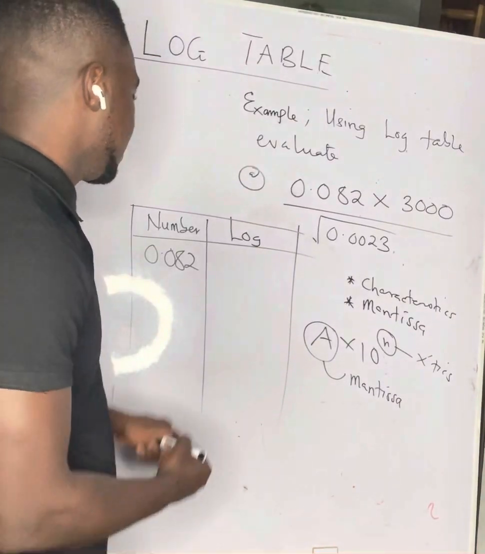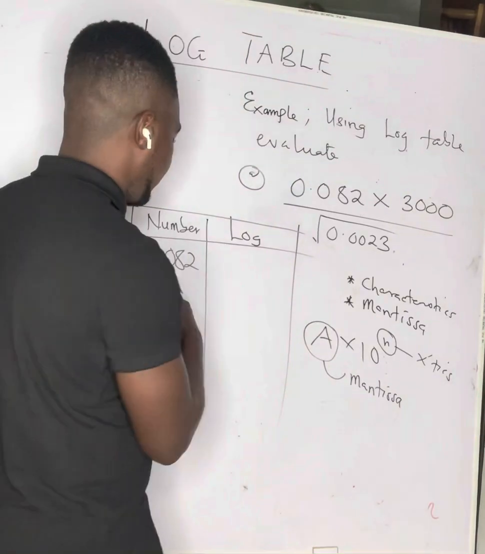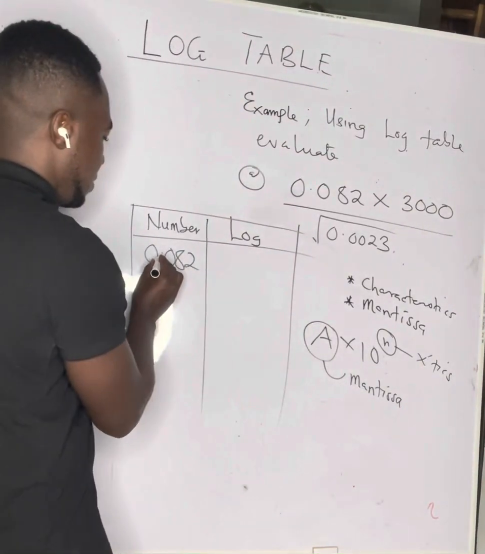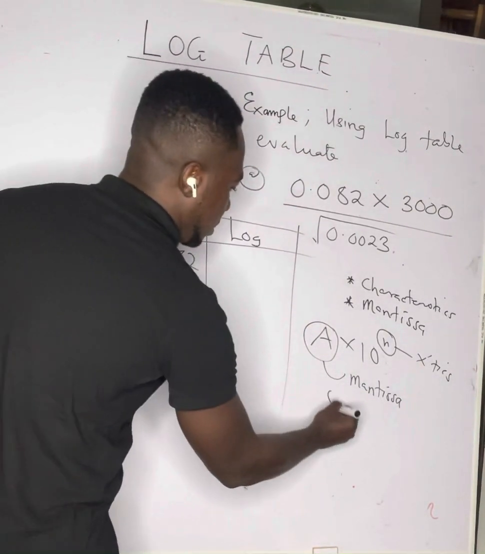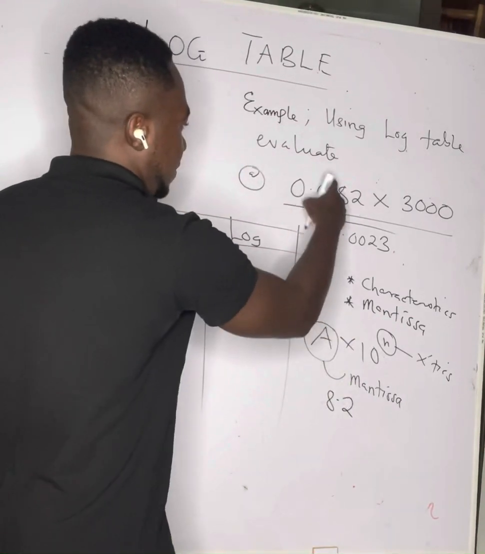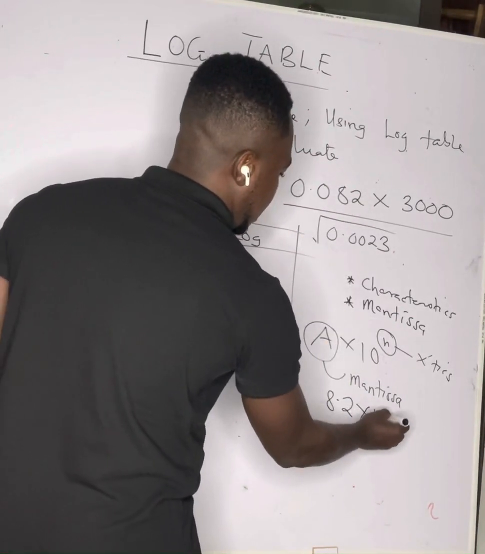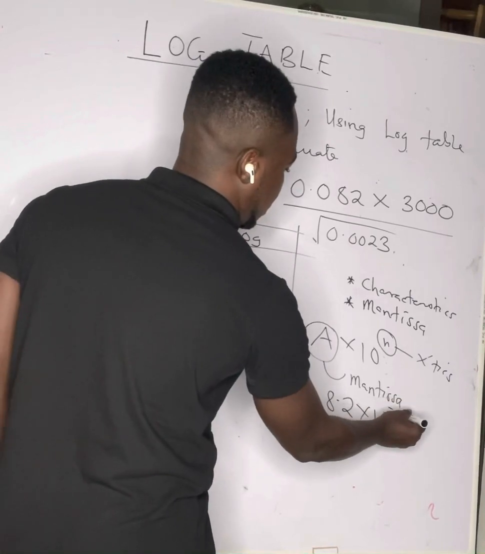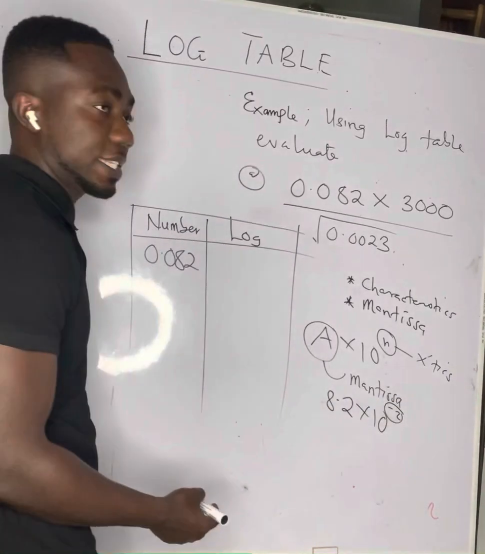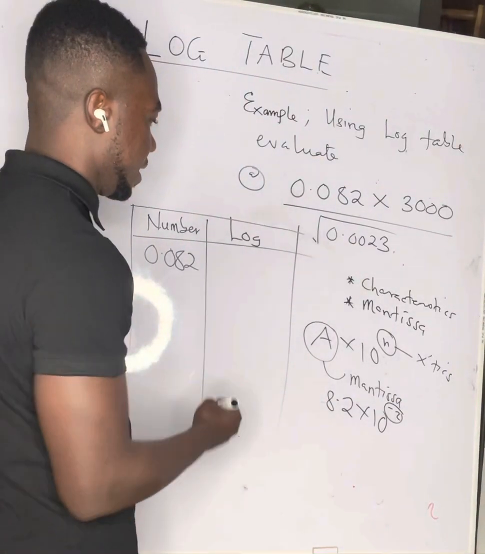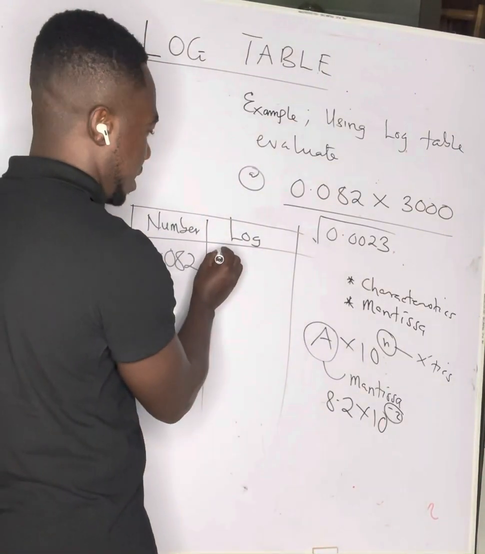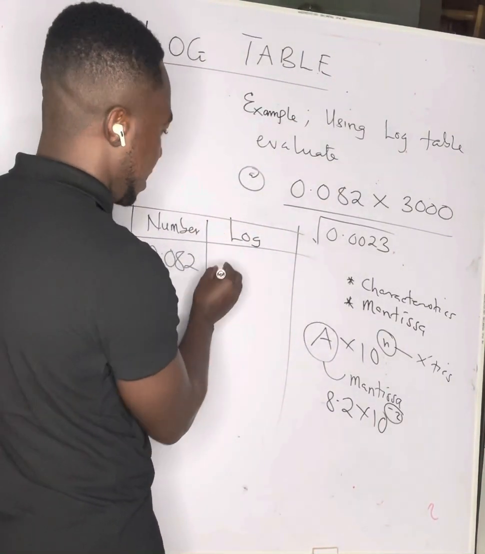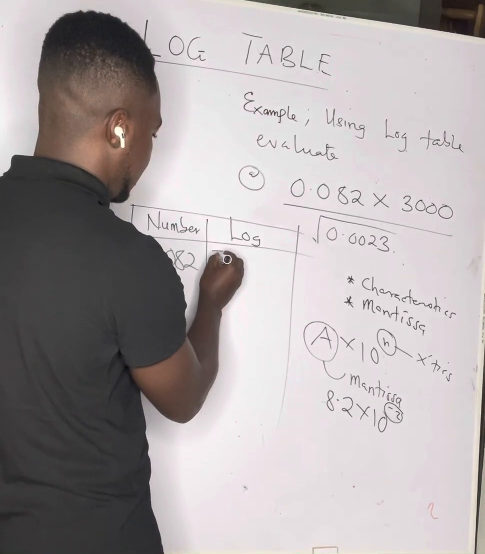So first, let's look at our number here. In the standard form, we move 1, 2. So 8.2 times 10 to the power minus 2. So the minus 2 here is our characteristic. In a log table, the negative is normally written on top this way.